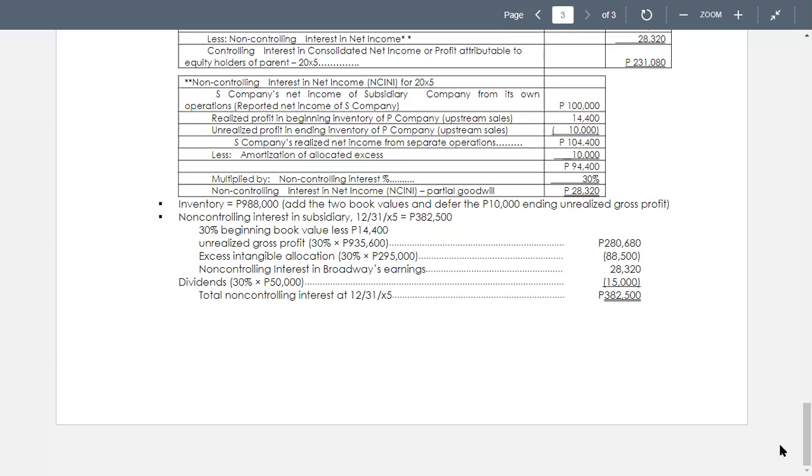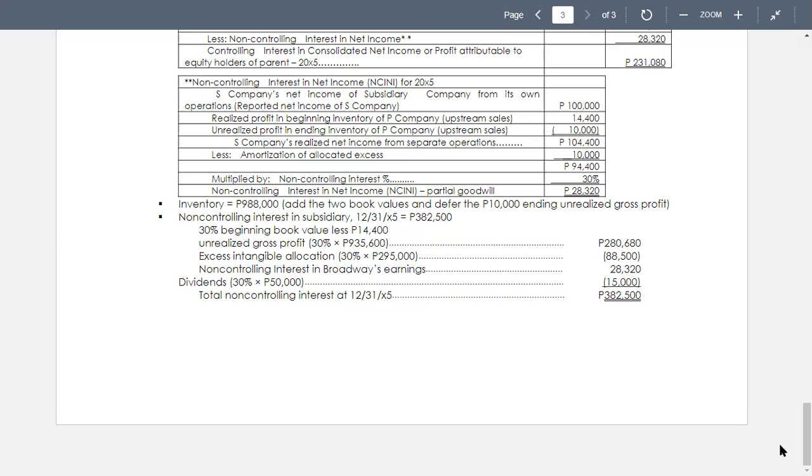So we now get the amount of 54,250. That's the equity in subsidiary income.